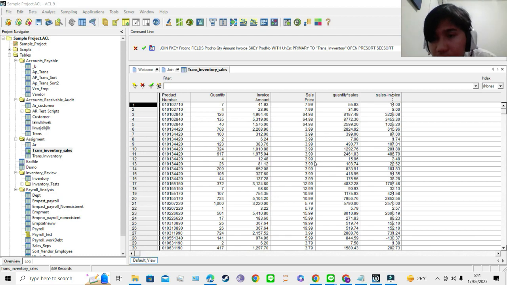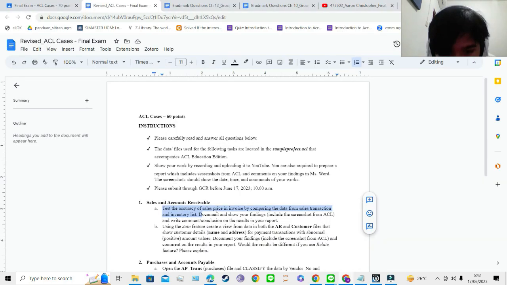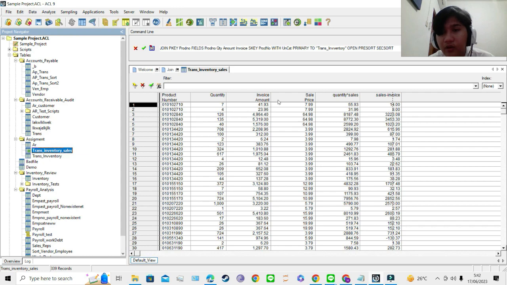After that we add some comparison. If the quantity times sales price is the same as the invoice amount, then it is accurate for the sales price by invoice.